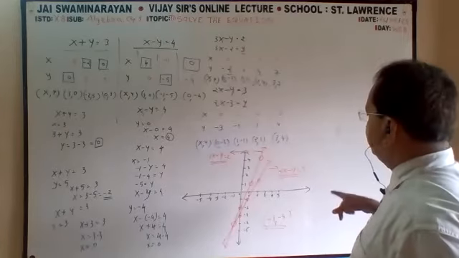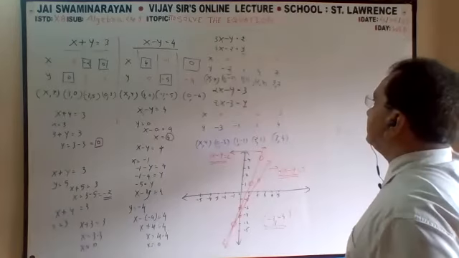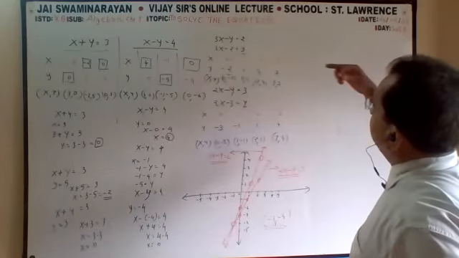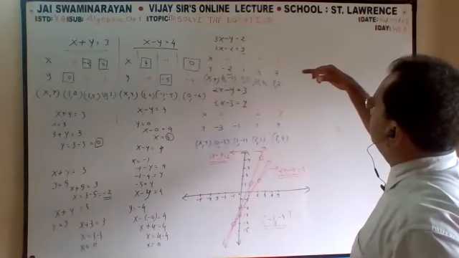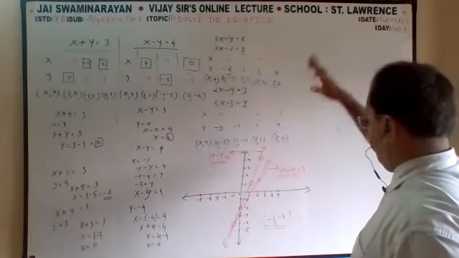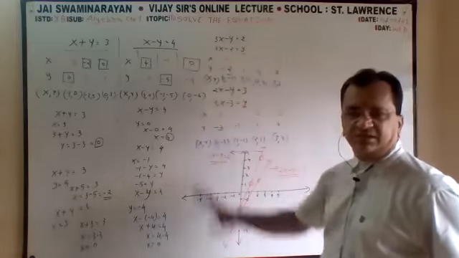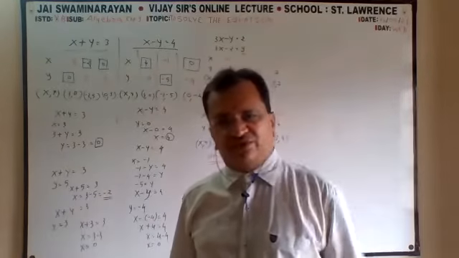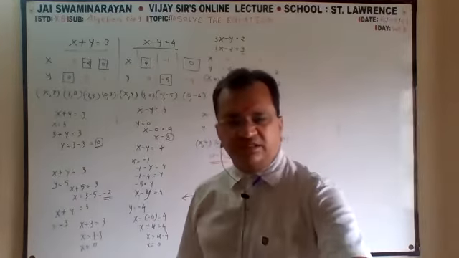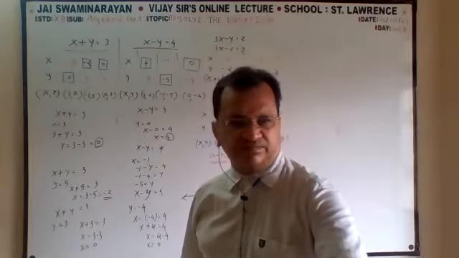Follow? So -1 and -4, when I substitute in this or this, it balances both sides. Left side is equal to right side, which means your answer is correct.